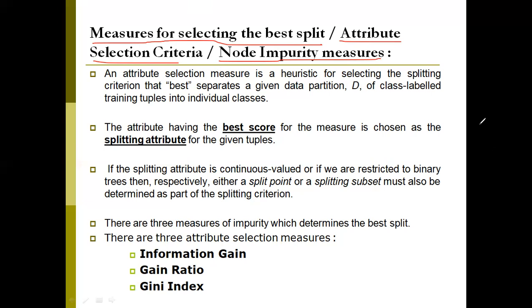For this, first of all, an attribute selection measure is a heuristic for selecting the splitting criteria that best separates the given data partition D of class-labeled training tuples into individual classes.